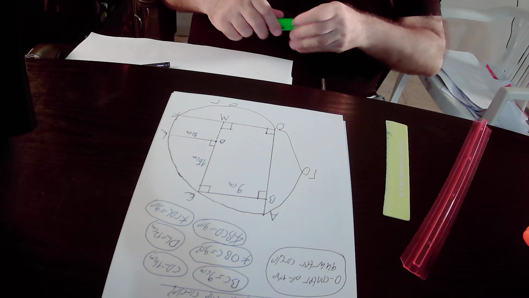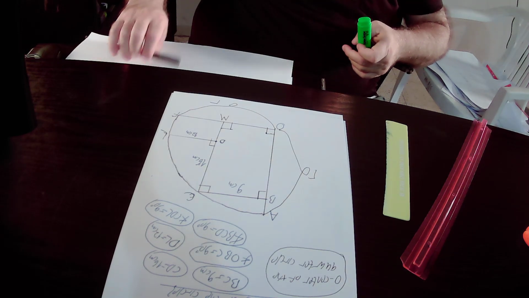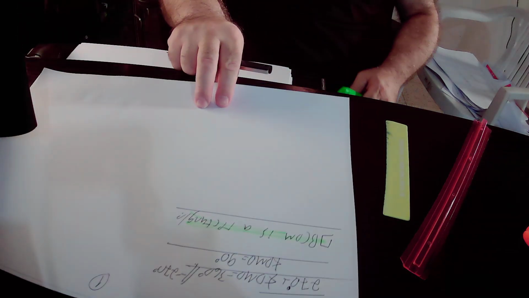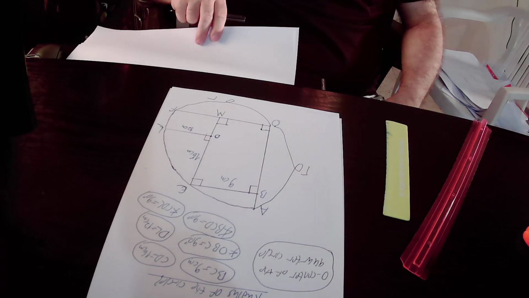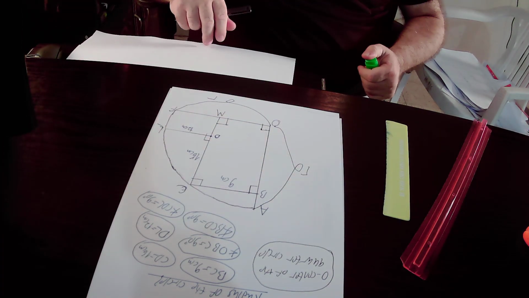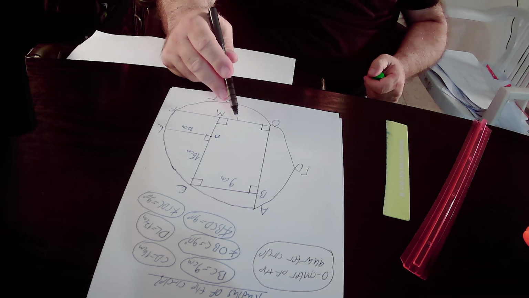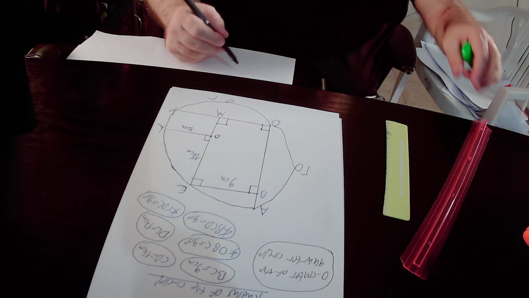And okay, so here quadrilateral BCOM is a rectangle, and we also know that the opposite sides of a rectangle are equal to each other. So the opposite sides of rectangle BCOM must be equal to each other.